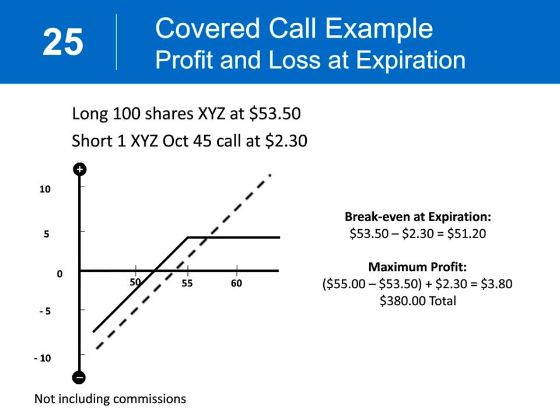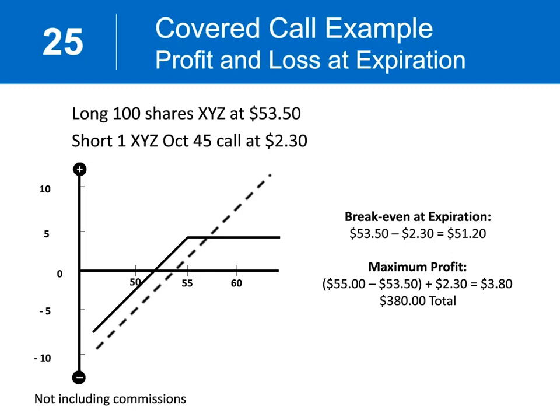But our example here, we're long 100 shares of XYZ at 53.50. We're selling this out of the money call, out of the money by $1.50, for $2.30. And you can see the two lines. The dotted line represents the stock. So if stock goes up, you make money. Goes down, you lose money. That's pretty straightforward. The solid black line, again, goes horizontal.